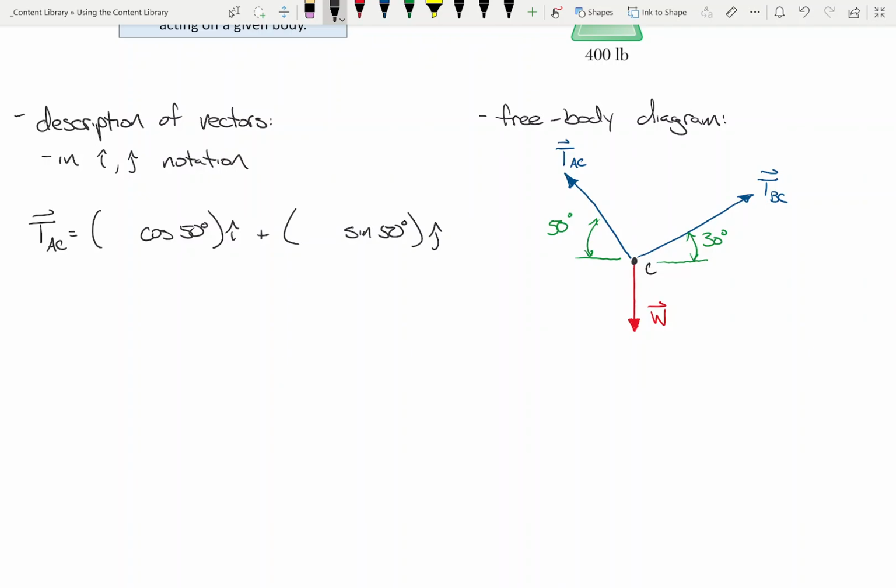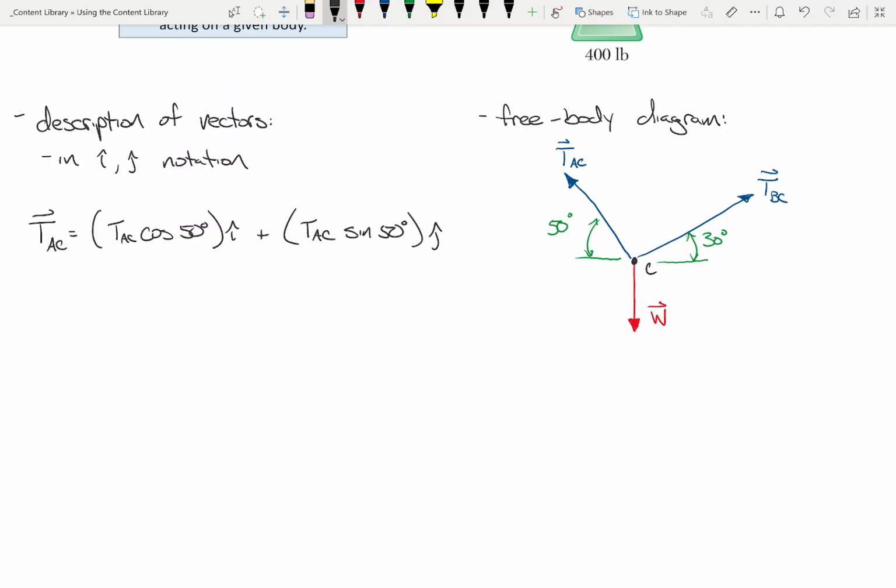What else is missing inside those blocks? The magnitude, right? Now, I don't know what the magnitude is, so I'm going to leave that as a variable. We'll call this T_AC, right? I mean, how do you write a vector, right? It's the magnitude times cosine for i and magnitude times sine for j, okay?